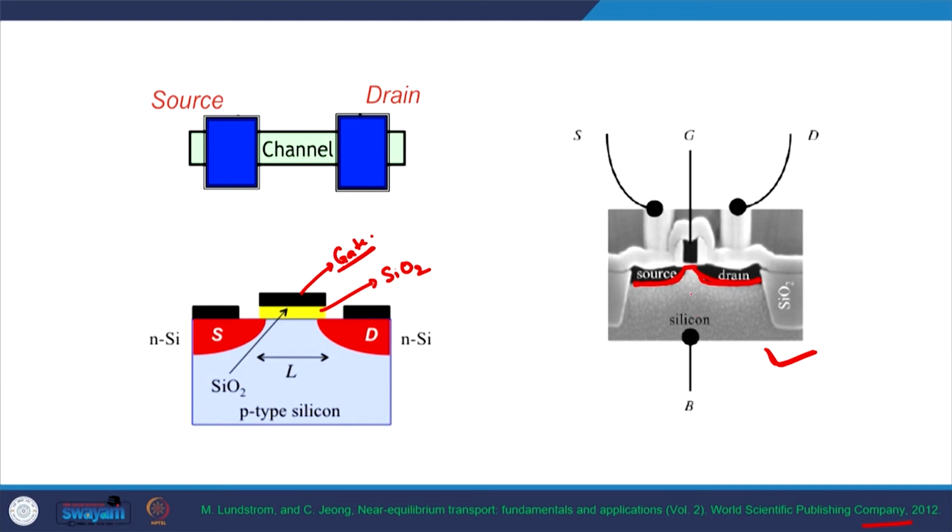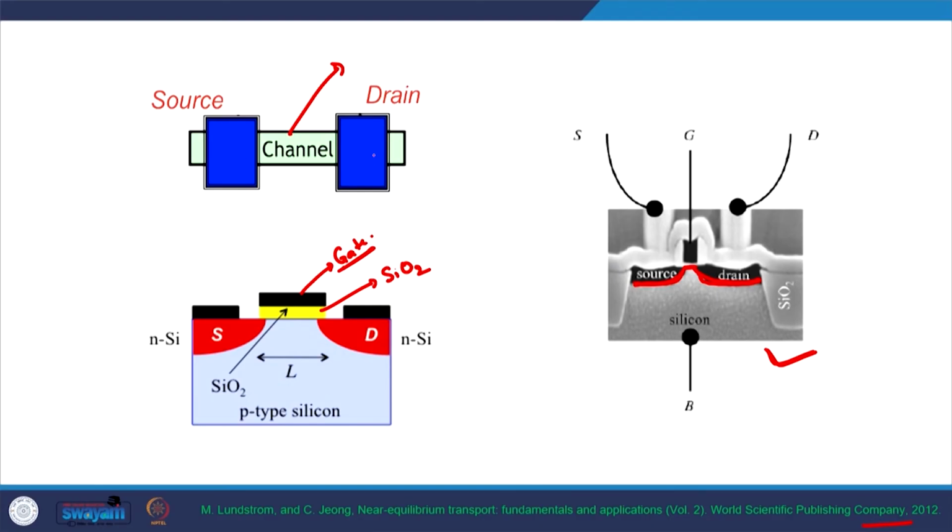This is what I have always emphasized during our discussions, that the channel region is extremely small compared to the source and the drain in actual devices, and that is evident from a real MOSFET. The source and the drain regions are quite large compared to the channel region. Just above the channel region we have a very thin layer of silicon dioxide, and on top of that we have the gate terminal.